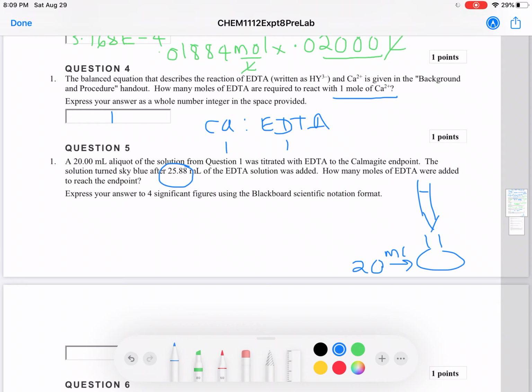How many moles? Now, do we know the number of moles of calcium ion in a 20 milliliter sample? Have we done that calculation before?